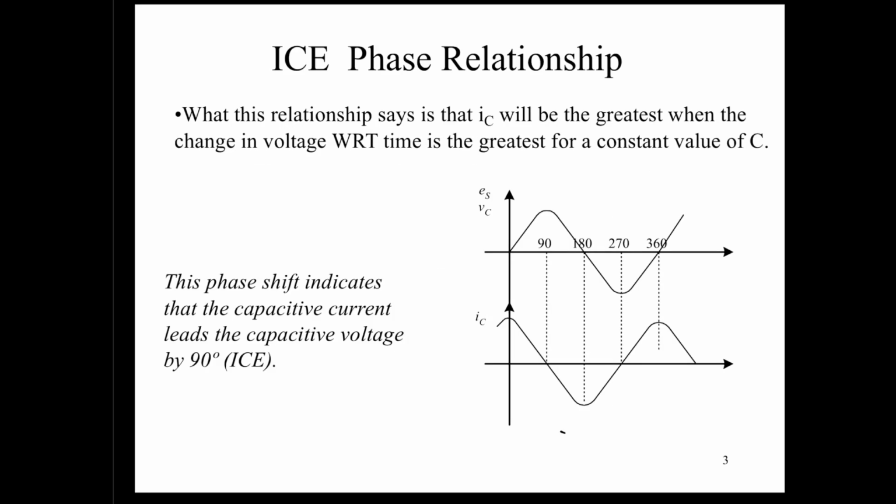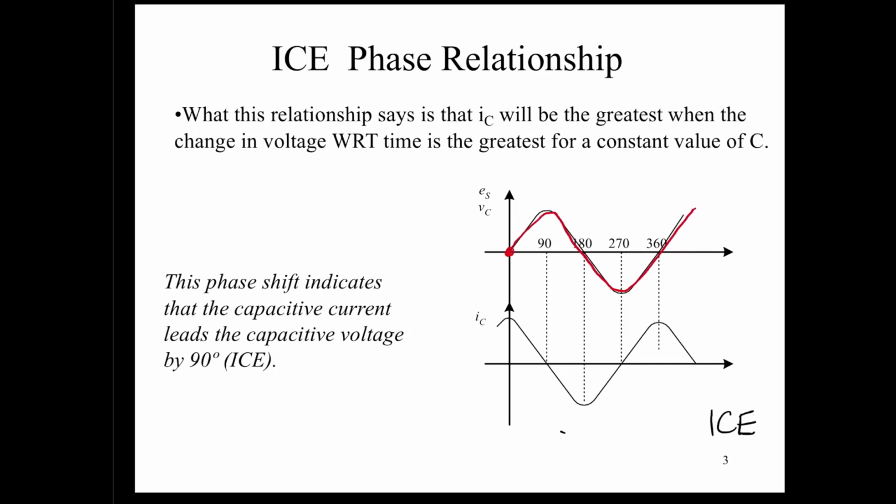Here's where we see the phase shift relationship for a capacitor, where we can remember which value is leading or lagging the other by the ICE acronym. We should see that's consistent with what we see here. If we look first at the voltage on the top, we can see a sine wave starting at 0 degrees.